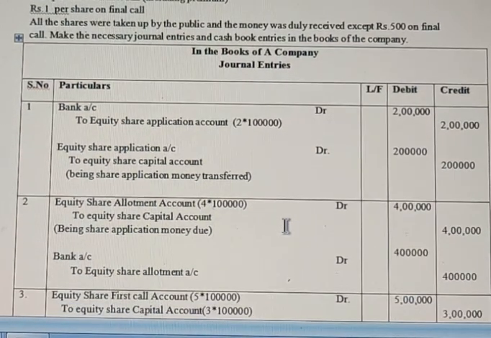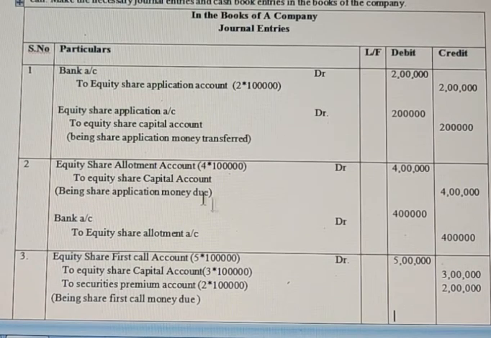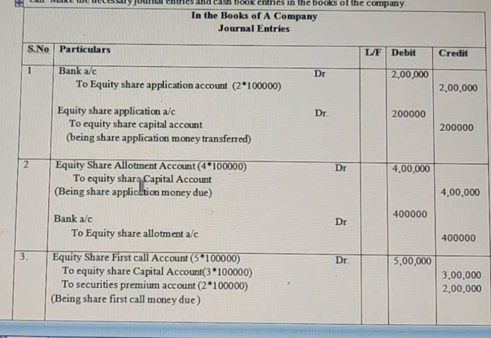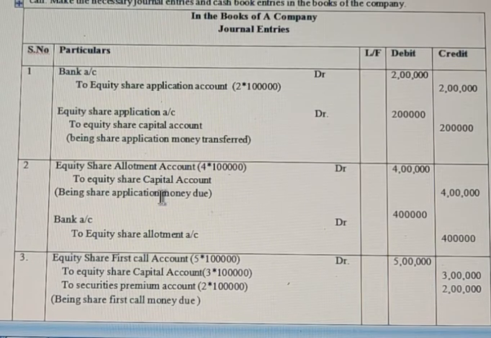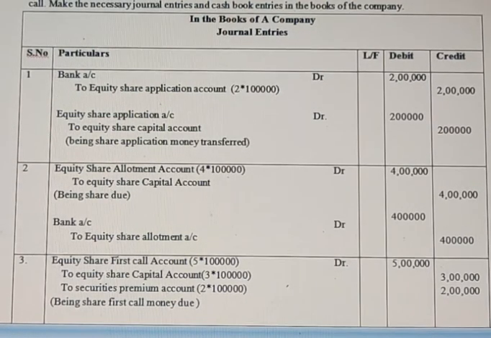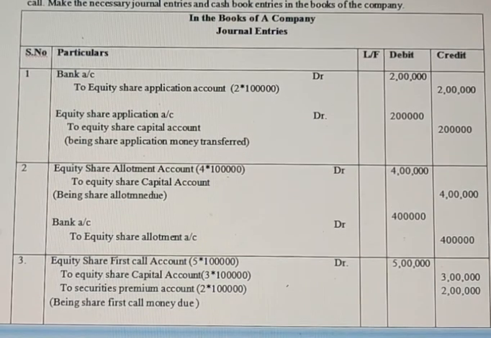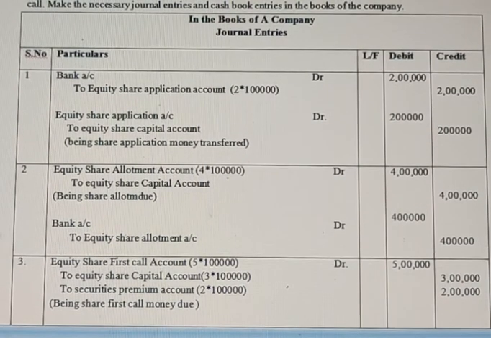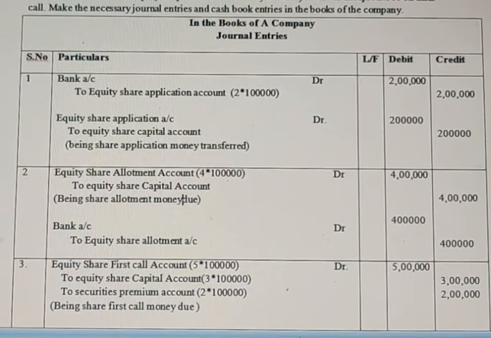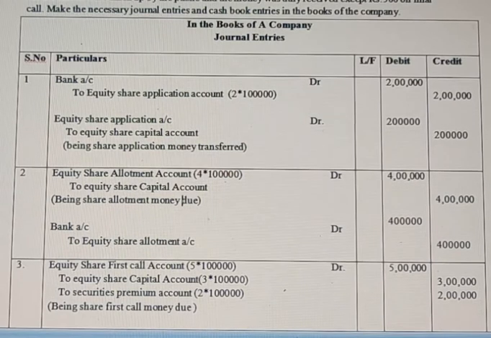Going forward to the next stage, that is the allotment stage. The first journal entry here is for allotment money made due. So here it is not application; you can clearly mention it as allotment money due.